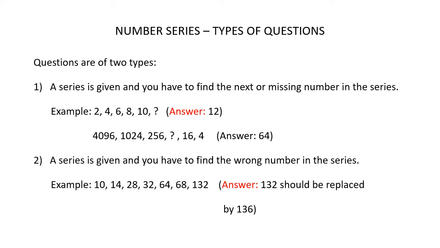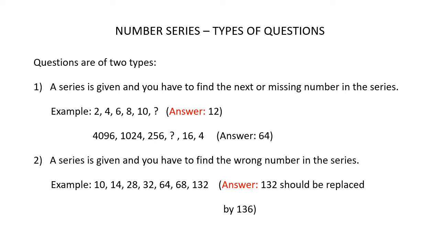So in the first series, either the number you have to find out is at the end of the series or it can be somewhere in the middle or in between the numbers in the series. This is the missing number series.